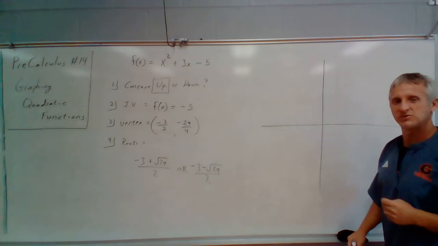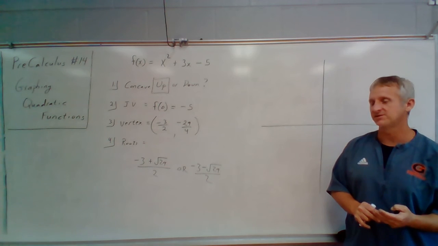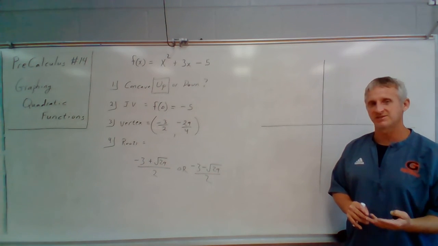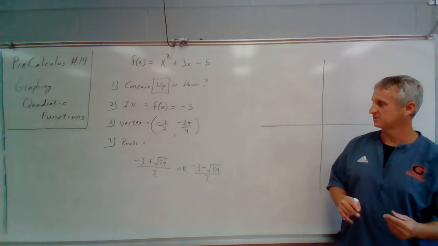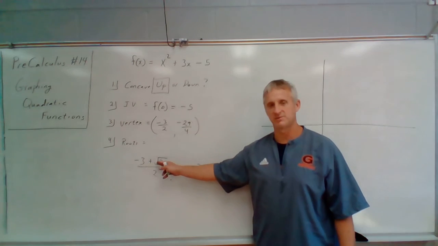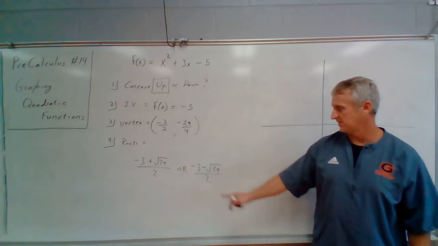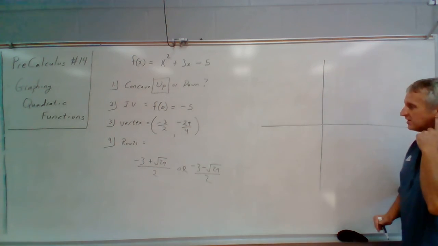So what is the square root of 29 approximately? The square root of 25 is 5. The square root of 36 is 6. So the square root of 29 is somewhere between 5 and 6. So if you did negative 3 plus something between 5 and 6, you would get a positive number. If you did negative 3 minus something between that, you would get a negative number.